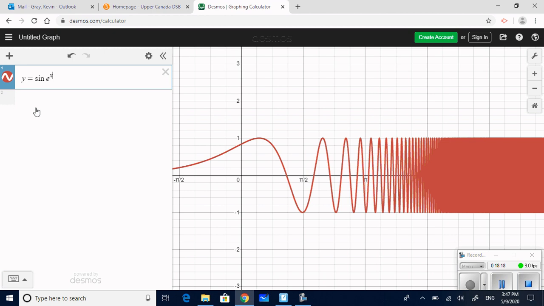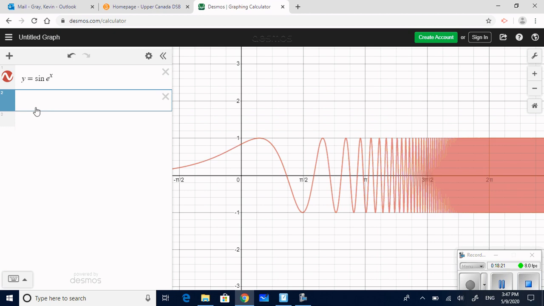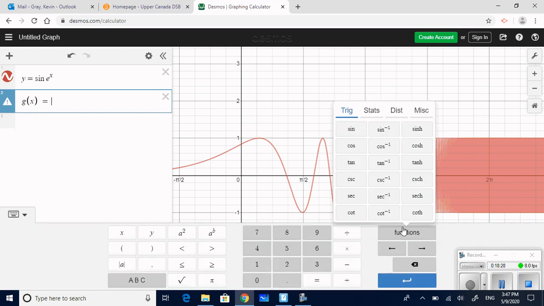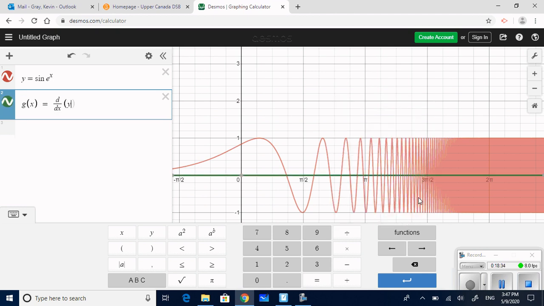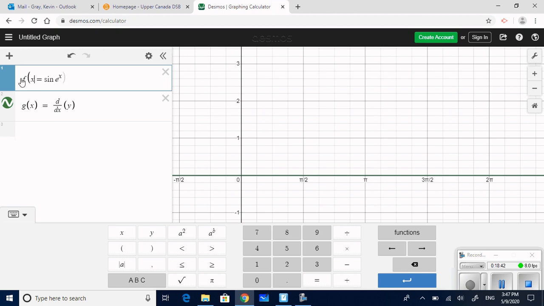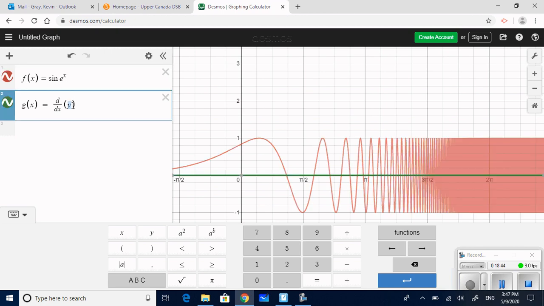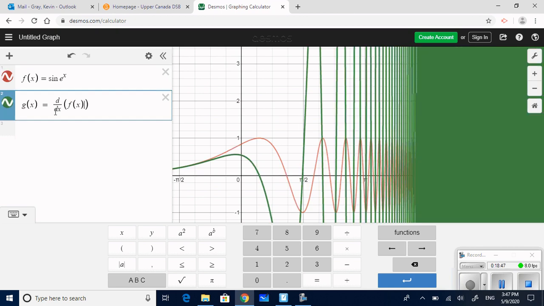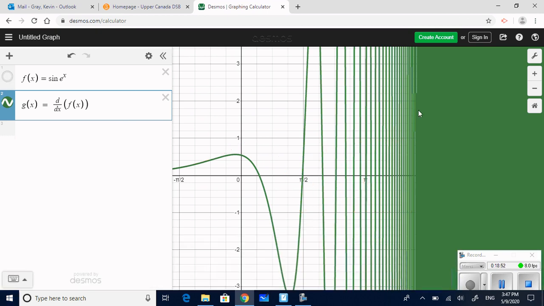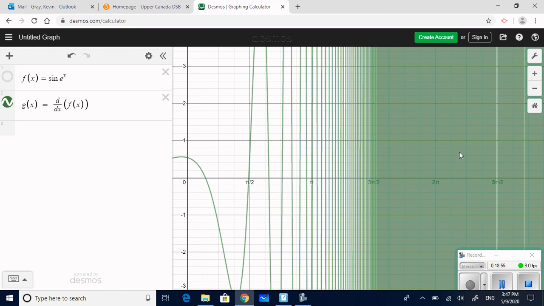And then the derivative, I'm going to call this g at x, and that's going to be my derivative function. There's my derivative function, and I can just take y, and it comes in like that. Maybe we're going to change that a little bit, and change that to this. There it is. Looks a little bit stranger. Carefully, let me just hide this from view. That is crazy. Absolutely crazy. But look at that. Wow.